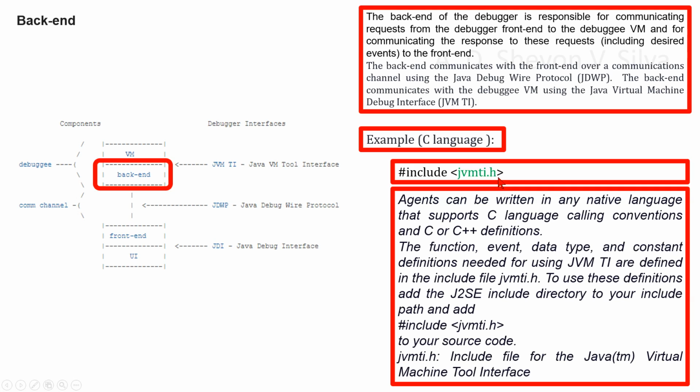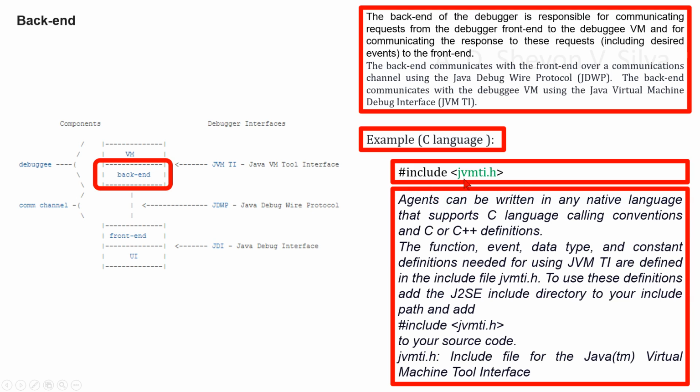jvmti.h. To use these definitions, add the J2SE include directory to your include path and add #include jvmti.h to your source code.